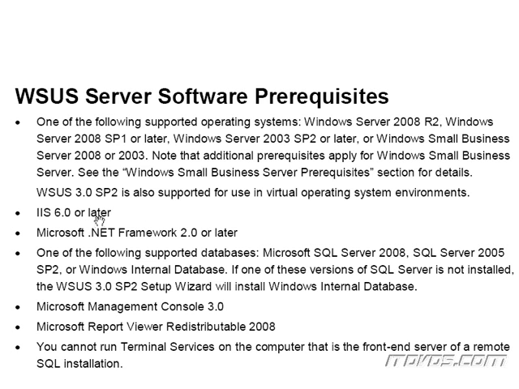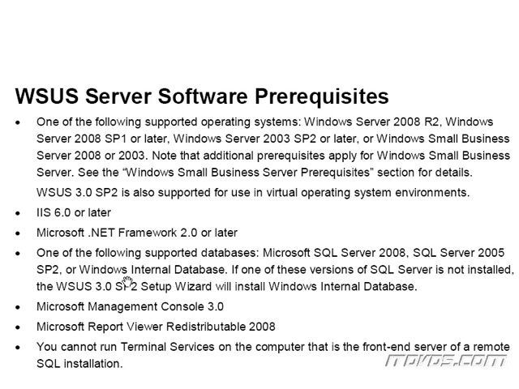You're going to need IIS 6.0 or later, and this kind of goes without saying because you have to have Windows 2003 or later, so you're going to have IIS 6.0 or later. You need .NET Framework 2.0 or later. For a database backend for your Windows Server Update Services, you can use SQL Server 2008 or SQL Server 2005 with Service Pack 2. You don't have to. Microsoft doesn't necessarily recommend that you use SQL Server, full-blown SQL Server.